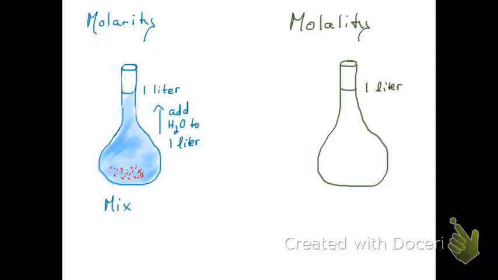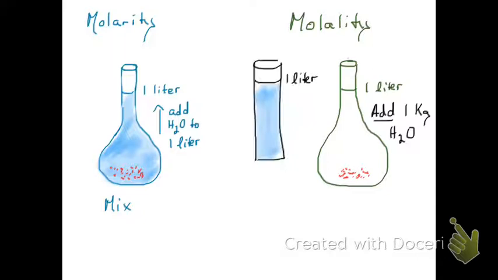Now molality, you can do it in the same container if you want to. So you'll put in your solute, the amount that you calculated, and you're going to add 1 kilogram of water. If you remember, 1 liter equals 1 kilogram of water because 1 gram equals 1 mil. That's the density of water.